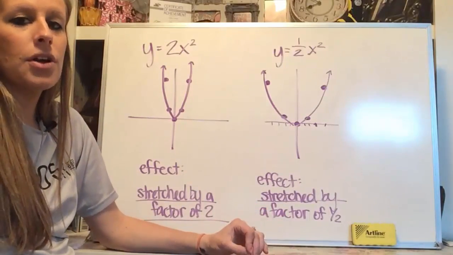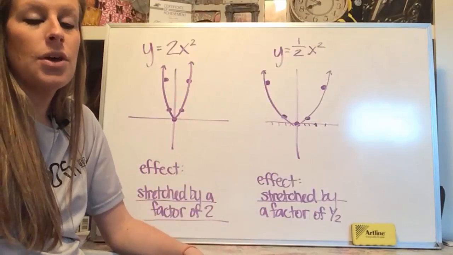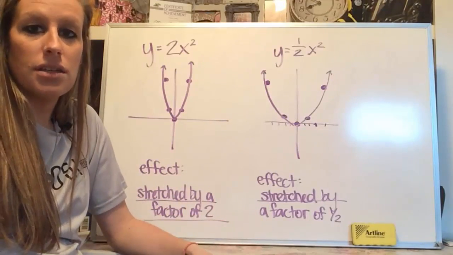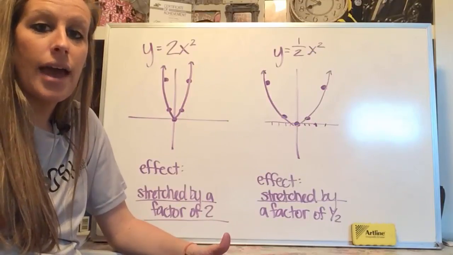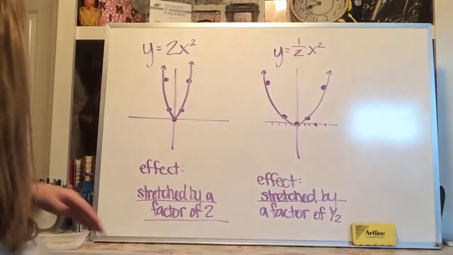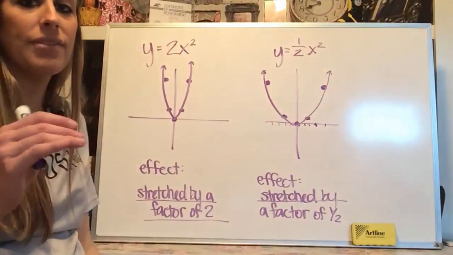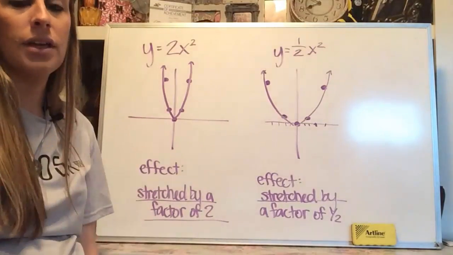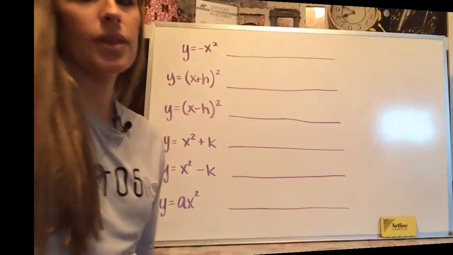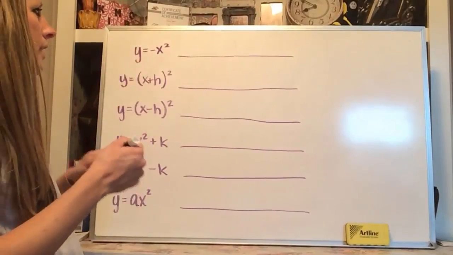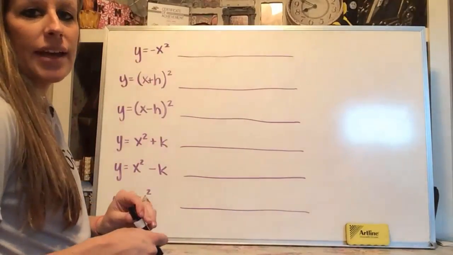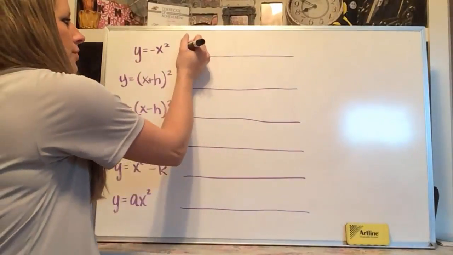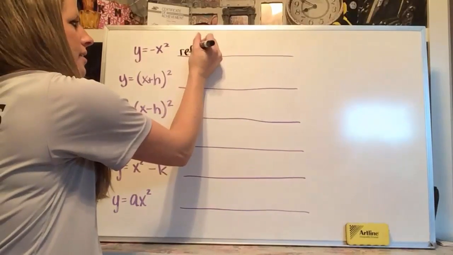So the next part of your notes, we're going to list what happens whenever we do certain things to the equation, like what effects happen. Okay, so we're going to list that out. That way you have it there all together in one section. Okay, so the first one, if I have a negative in front of the x squared, we said it's reflected over the x-axis.